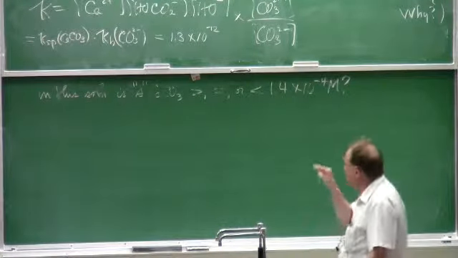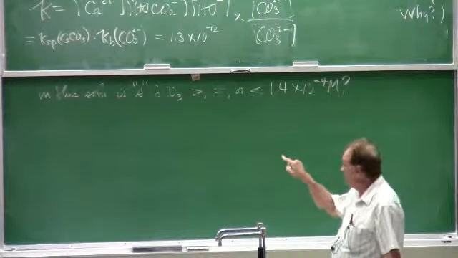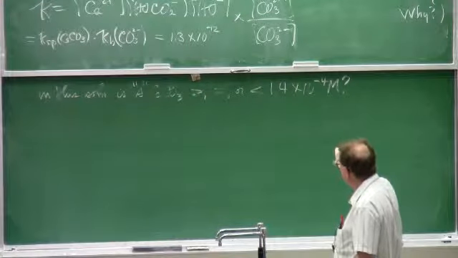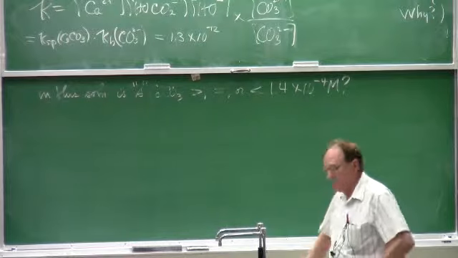Is the solubility of calcium carbonate in this solution, buffered at pH 8, going to be larger than 1.4 times 10 to the minus 4, smaller than 1.4 times 10 to the minus 4, or is it going to be the same value, 1.4 times 10 to the minus 4?